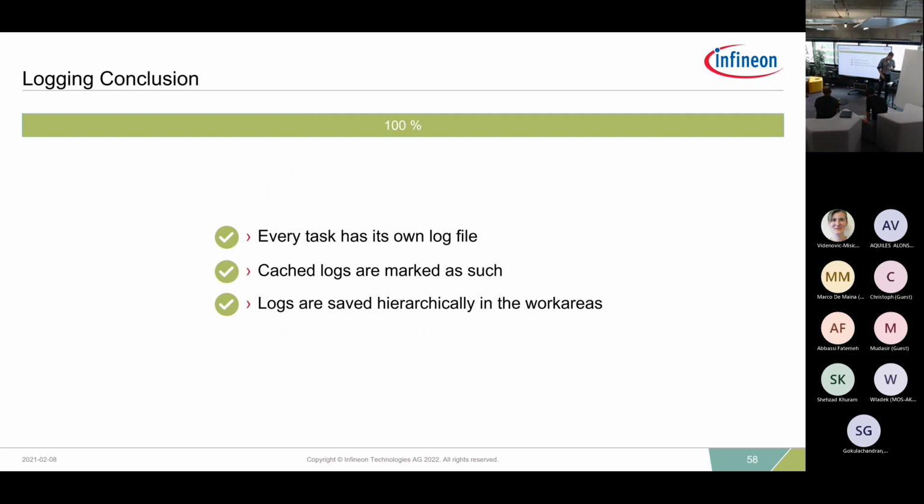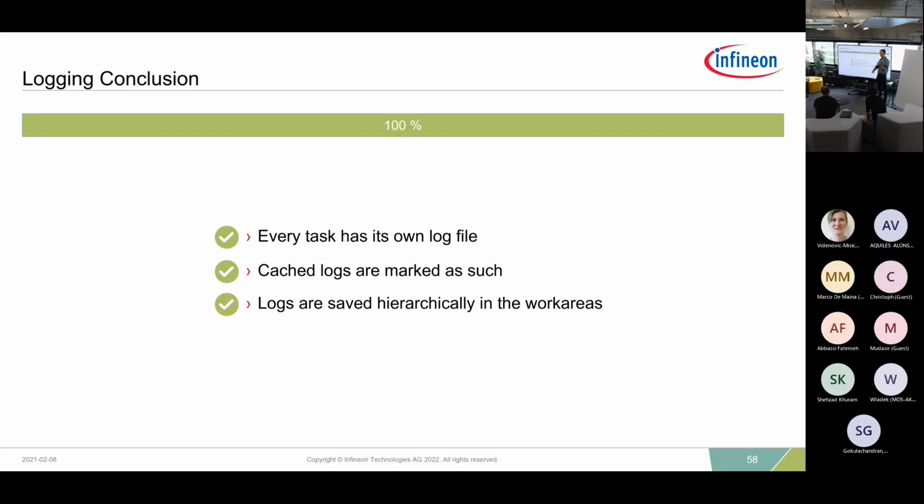So to conclude, every task has its own log file. Cache logs: this I have not mentioned yet, but if you have a cached task, later in the output you see this keyword cached in there.